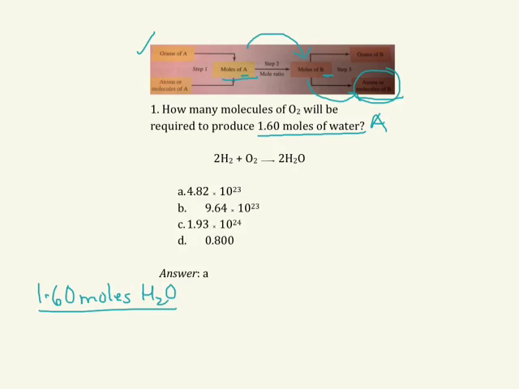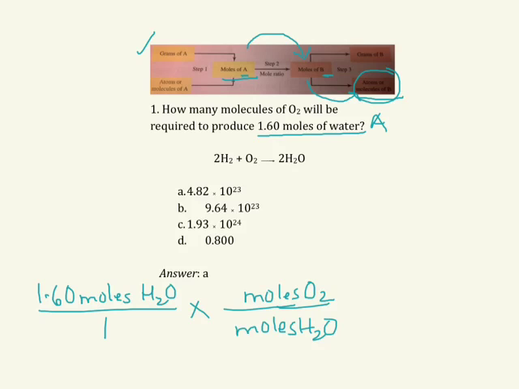Draw a line, put 1. And you have to go from moles of A to moles of B. And what is B? Oxygen. So in the denominator, you're going to write down moles of water. Why? So that you can cancel them out. And here will be moles of oxygen, because B is your oxygen.